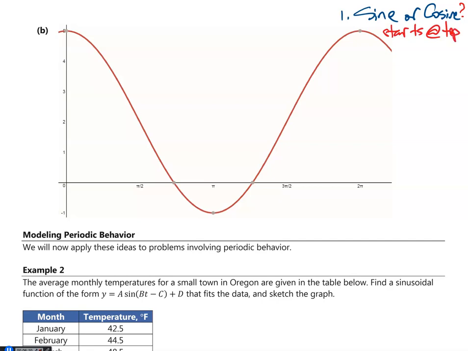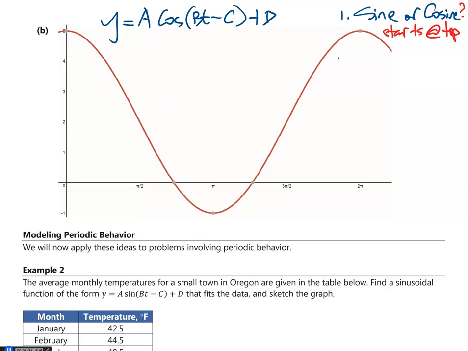So definitely it is cosine. So that's why we're going to use y is equal to the general form a times cosine of b(t minus c) plus d. So now how do we get our a, b, c, and d?